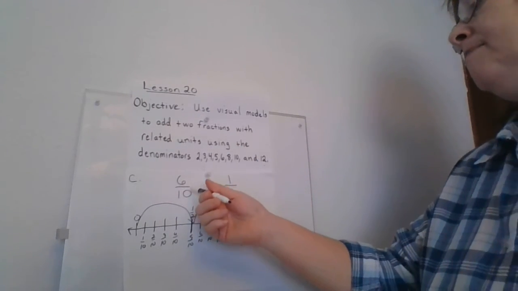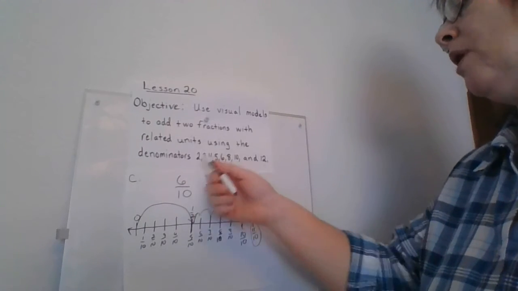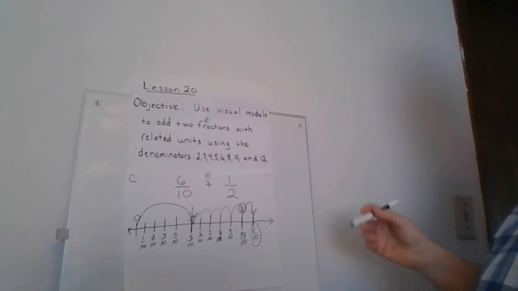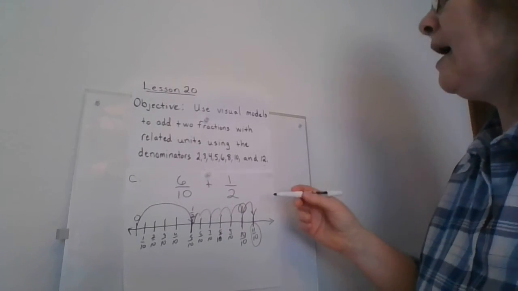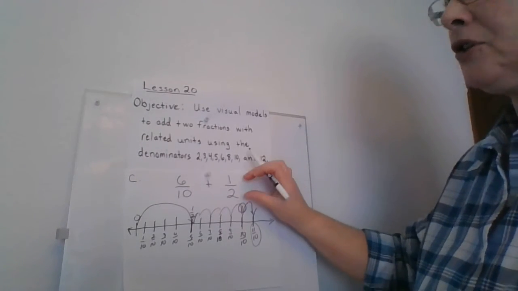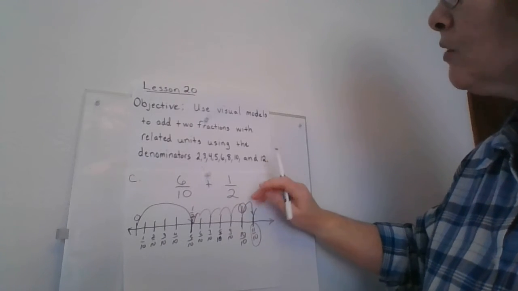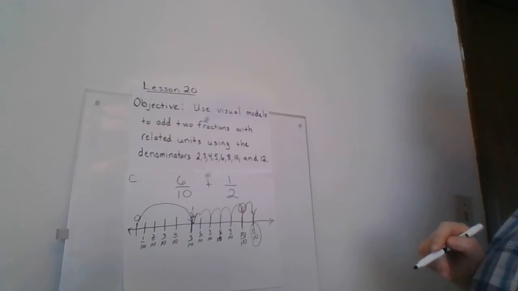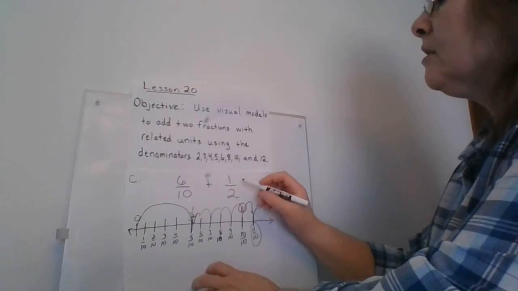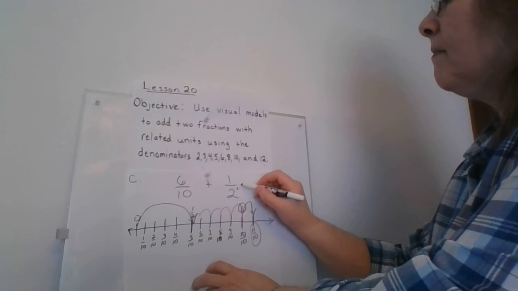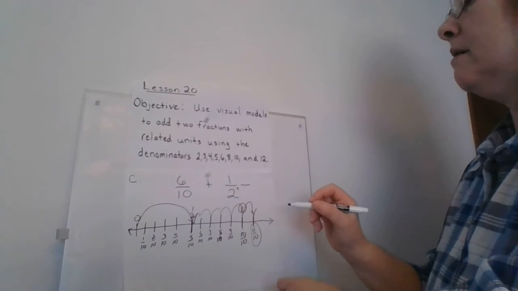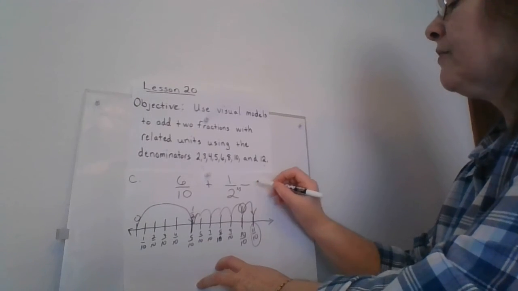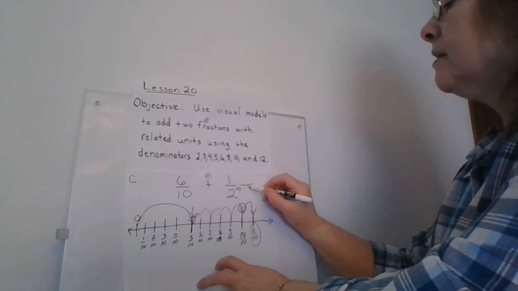Now let's show this using our number sentence here. Again, I need to convert one of these into an equivalent fraction. So I'm going to look at the 2, since it's the smaller denominator. How can I change the 2 into a 10? Well, I'm going to multiply it by what number to get 10? 5. So 2 times 5 gives me 10.